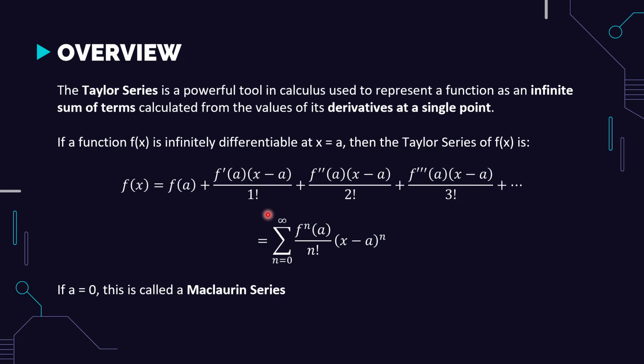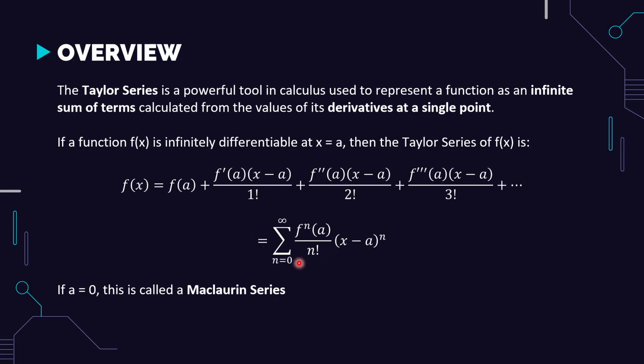Or we have this general formula: the summation from n equals 0 up to positive infinity of f to the n prime of a over n factorial times the quantity x minus a raised to n. So this will be the general formula of our Taylor series.